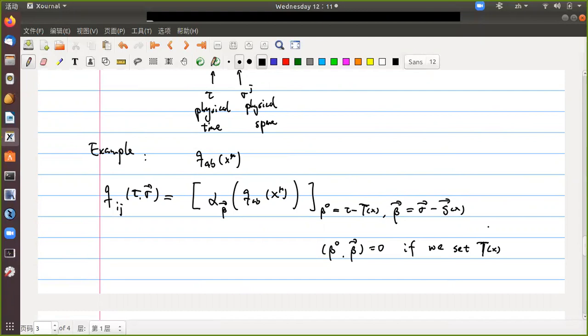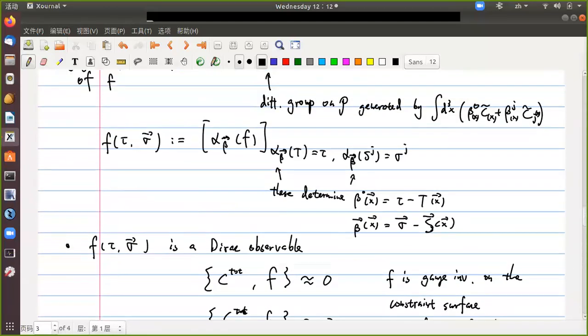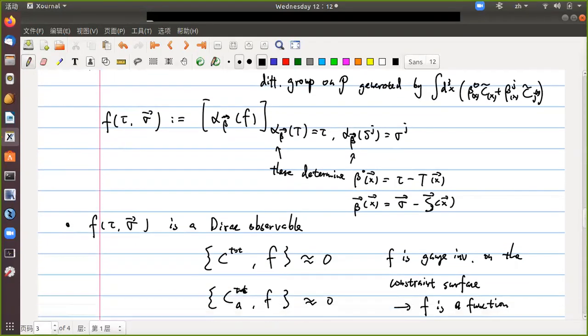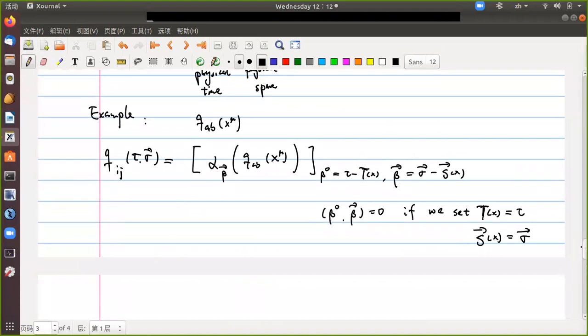The original definition is more general: tau is a gauge transformation of T, and sigma is a certain gauge transformation of S. Now we can be more specific. We just ask tau to be the value of the field T and sigma to be the value of the field S.